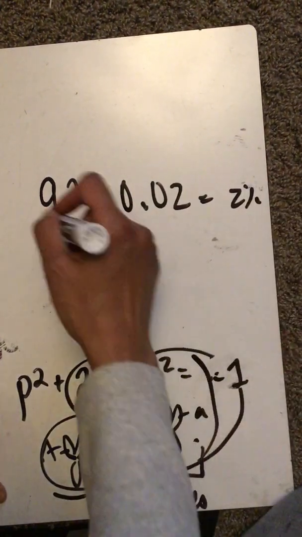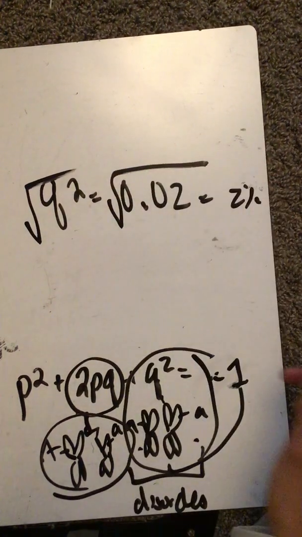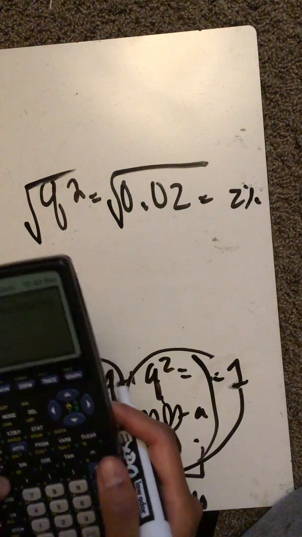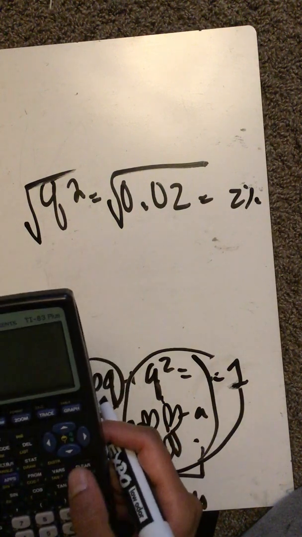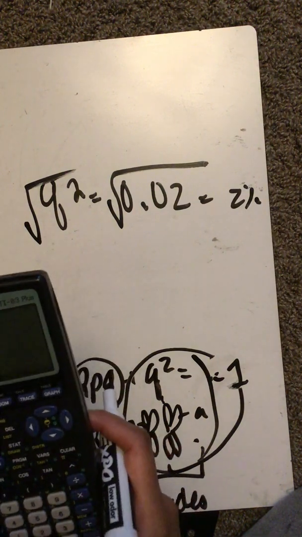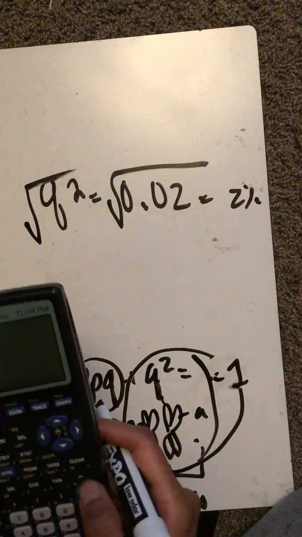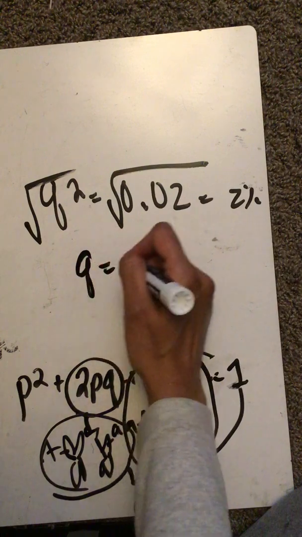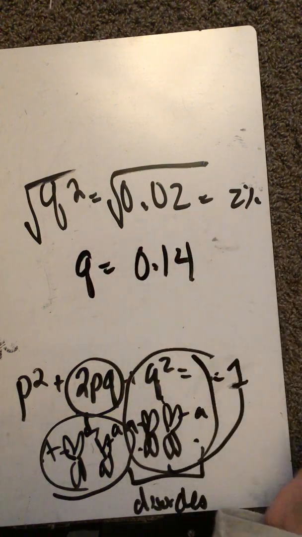I already know that. If I square root this, 0.02, I get q is equal to 0.14.